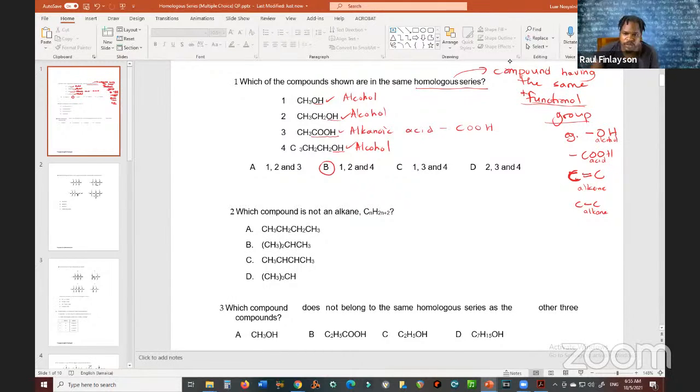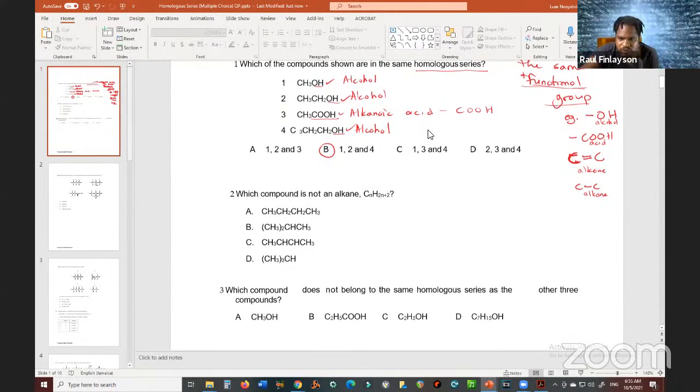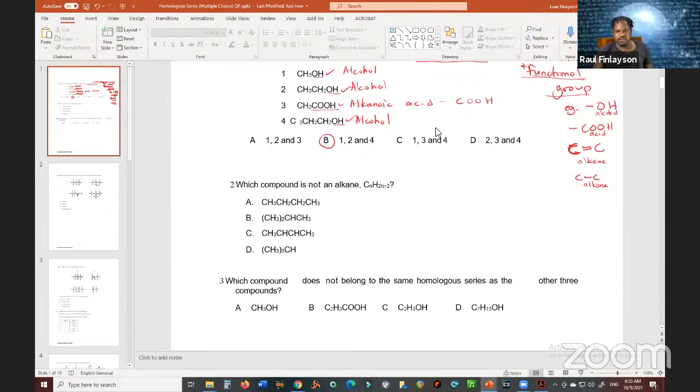All right. So now you could look at 2 and give me an answer for this one. Which compound is not an alkane?